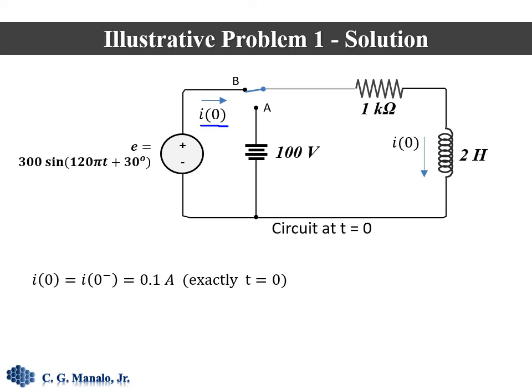And since the inductor has the behavior that it restrains any abrupt changes in current, whatever is the current just before t equals 0, or just before the switch is transferred, must be the same current at exactly when the switch is transferred to B. That is, the current at t equals 0 must equal the current just before the switch is transferred, and that is also equal to 0.1 amperes.